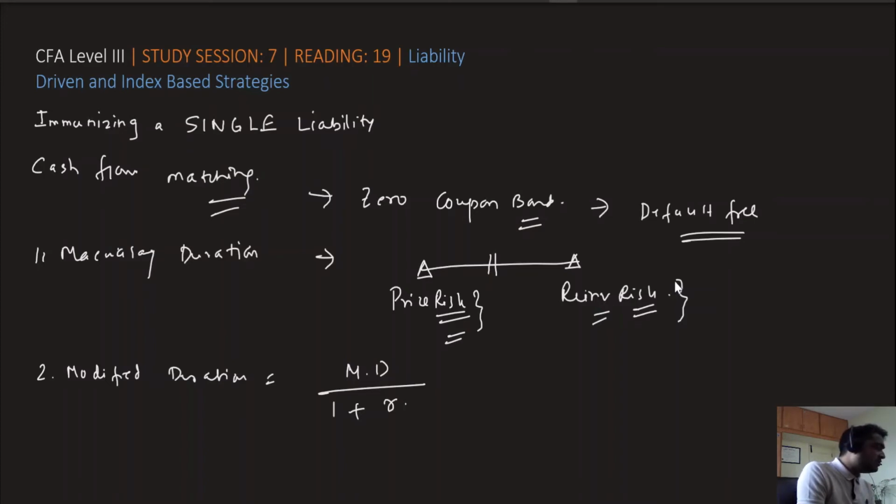When we are talking about immediate price change of the instrument, any situation which involves immediate price change, modified duration is a much better concept to use. But when we are talking about the measure of time for some immunization techniques, macaulay duration is much more favorably used.